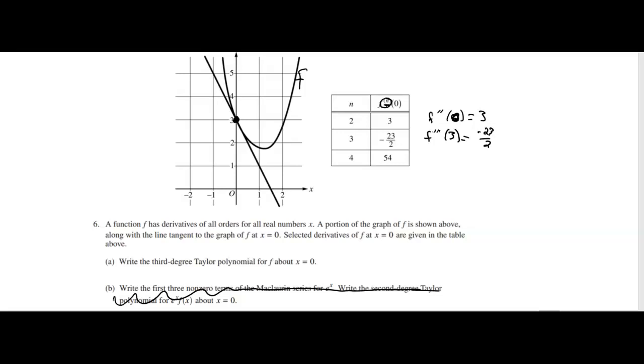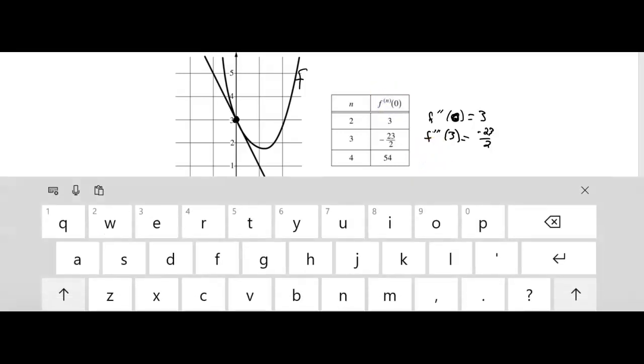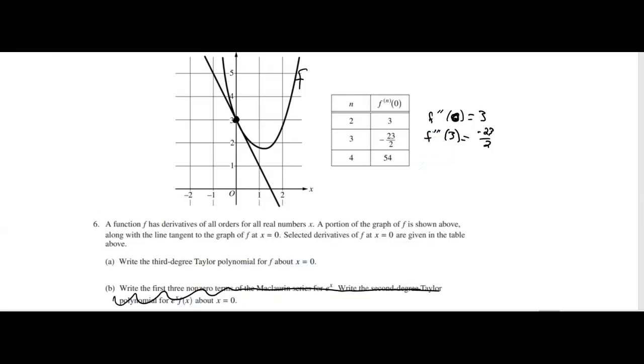And then if n is 4, n is again the exponent for your f. So that's just saying the fourth derivative at 0 is equal to 54. All right, so this is just all of our derivative values: the second derivative, third derivative, fourth derivative, and then we are given what those values are.